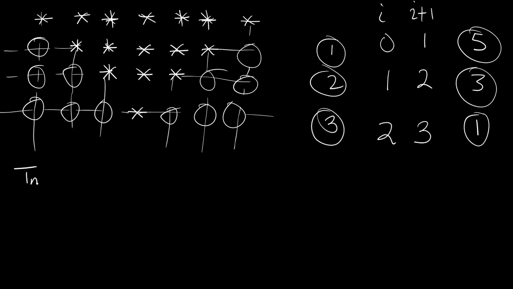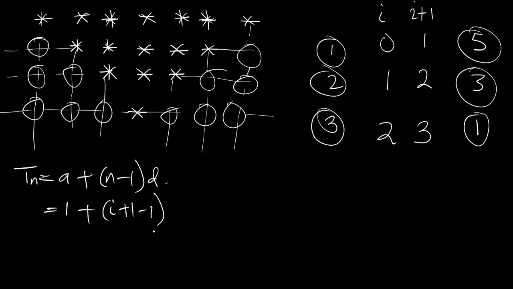Now let's use this arithmetic progression formula: t subscript n equals a plus n minus 1 times the difference. When you check that spacing, the first one is 1 plus i plus 1 minus 1, and the difference is 1. So this is 1, and this one will cancel out. You now have plus i.